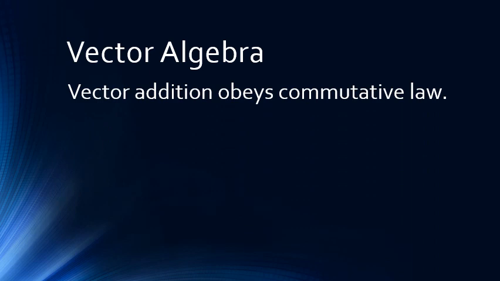Vector addition also obeys the commutative law. Yung parang alam natin dun sa scalar algebra, ibig sabihin A plus B equals B plus A. So kapag pinag-add ko siya at binaliktad ko, parehas lang yung makukuha ko, or that is the commutative law.